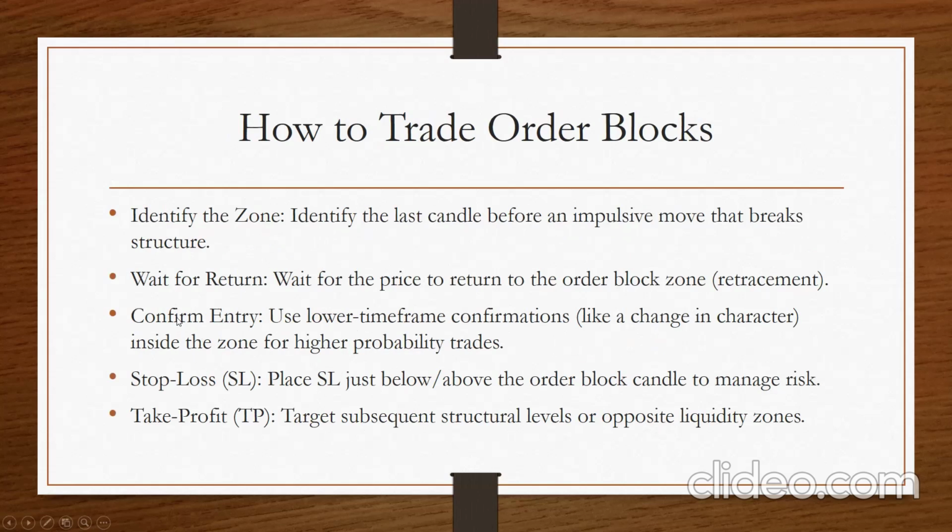And then you look for confirmation signals, your entry signals. So we've talked about that. You can use the candlestick confirmation. Now you have to set a stop loss, and the stop loss is usually below the order block or above it, depending on whether it's a buy order block or a sell order block. And then you have to also set a take profit. You'll see how we do that.